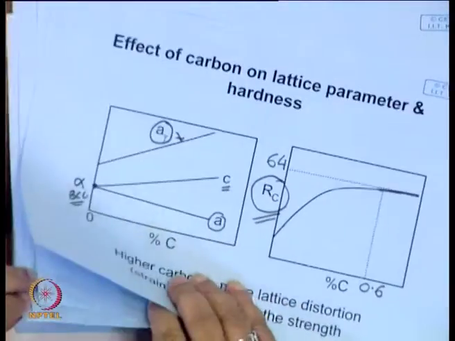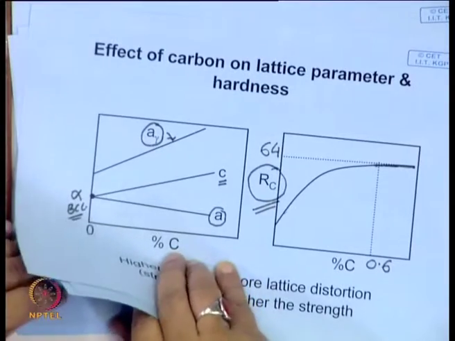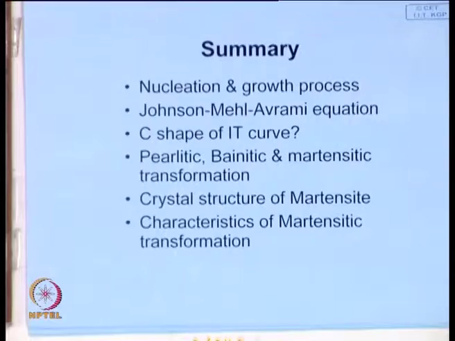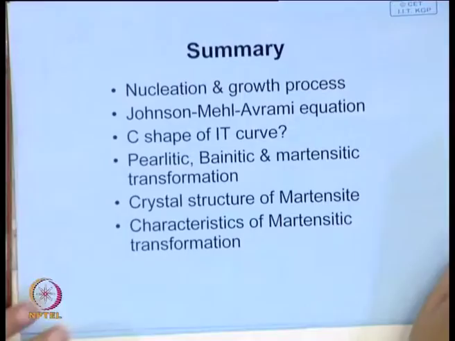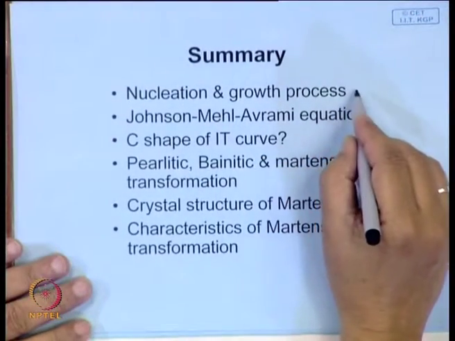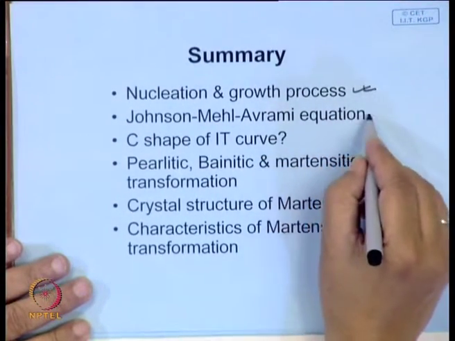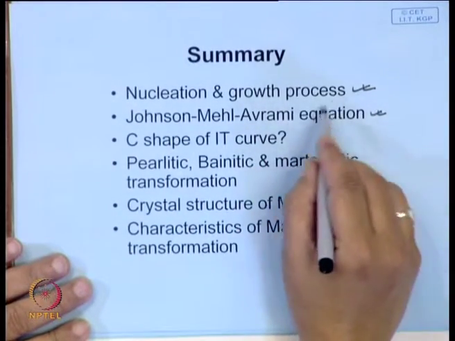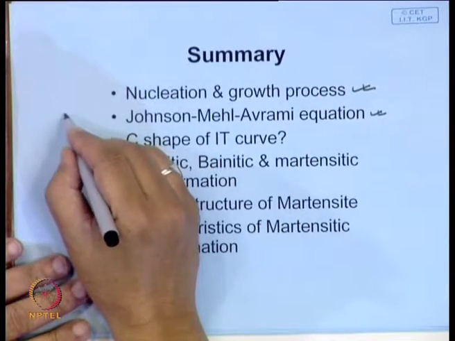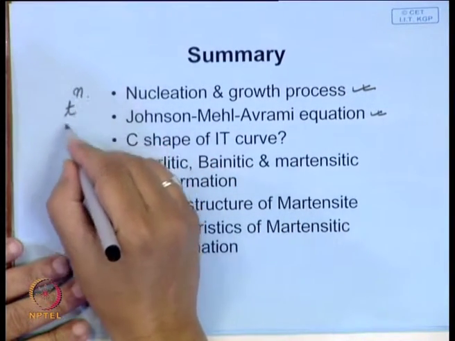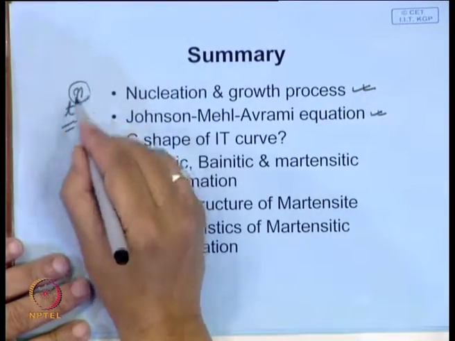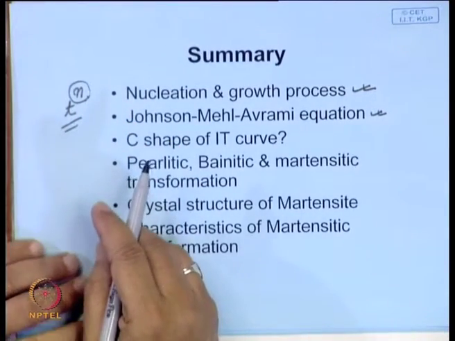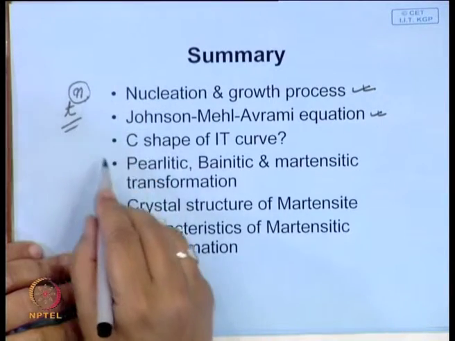Next class we will talk a little more about martensite and build upon that. To sum up what we have done today, let us see the summary. We looked at the nucleation and growth process critically. We derived the Johnson-Mehl-Avrami equation, and we have seen, based on the assumptions, that the time exponent n changes, and n is an indicator of the physical processes that control transformation.